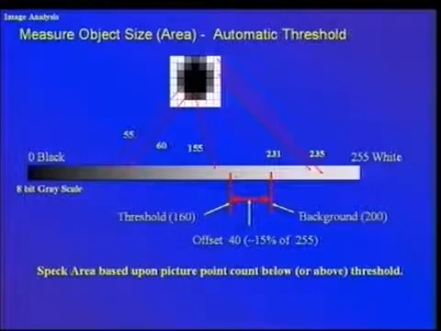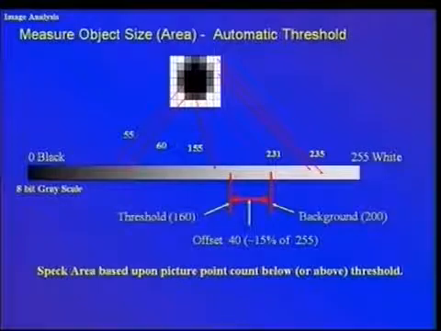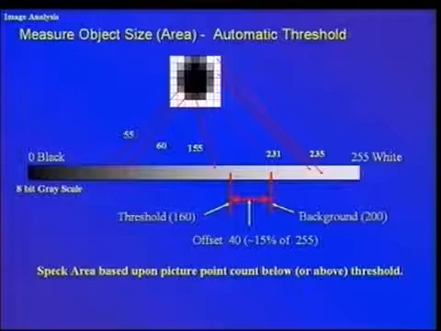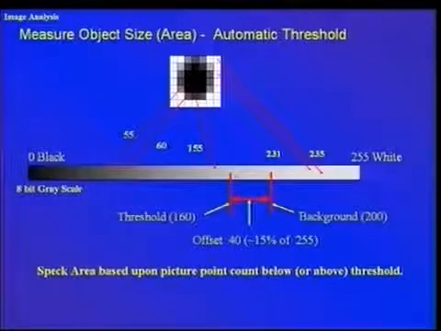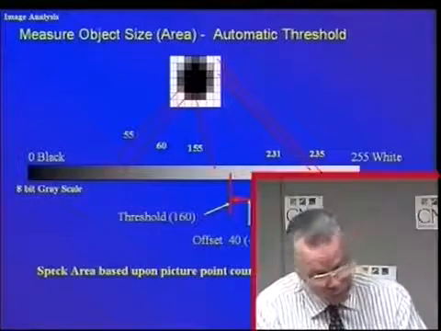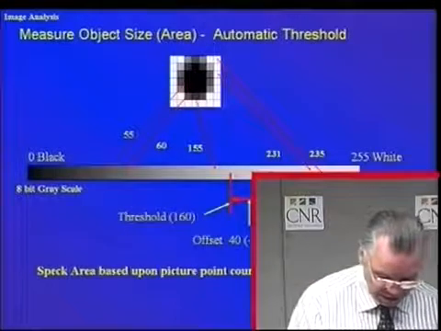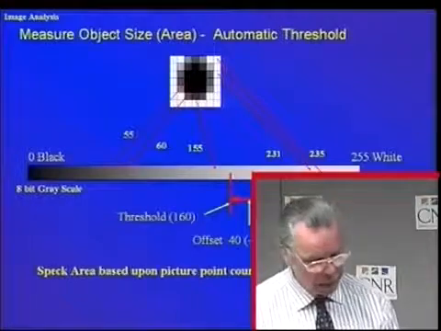The object is held in memory, and all the pixels are then counted, and a size determination for the size of the pixel is multiplied by the number of pixels in the speck. Very simple, very easily done, or very elegantly done in the software, and very rapidly.